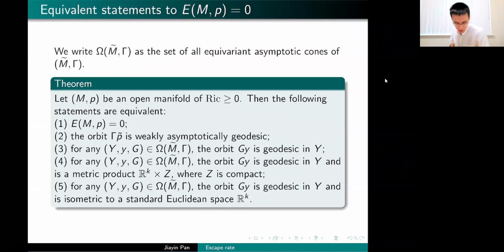The key is to prove the following theorem, which says many statements are equivalent. The first says the escape rate is 0. The second says that the orbit is weakly asymptotically geodesic, endowed with the metric rho, the metric from the orbit.